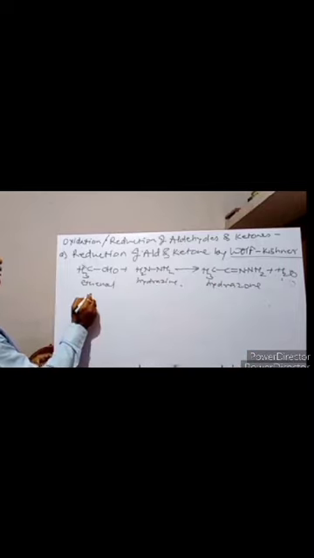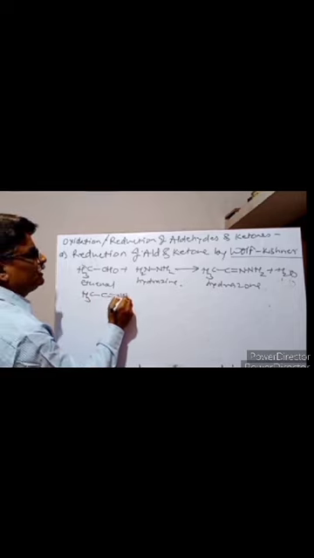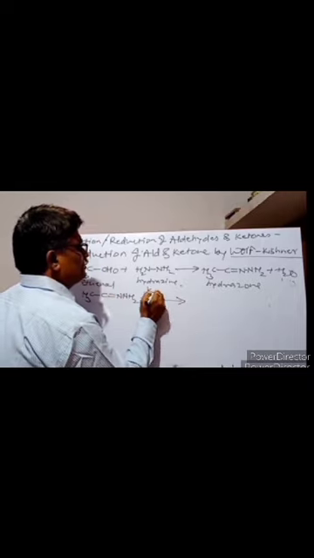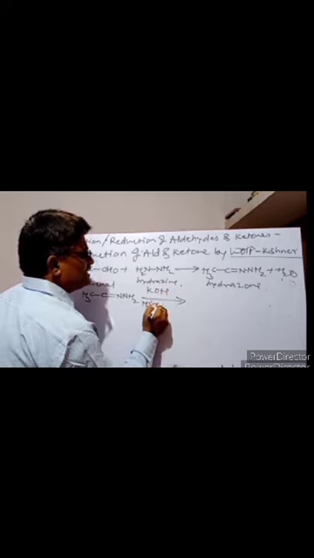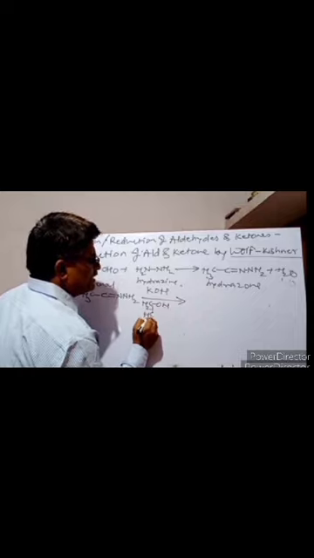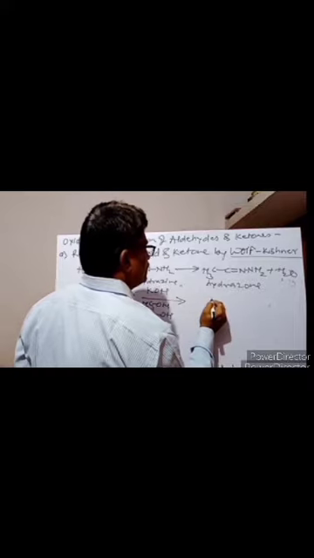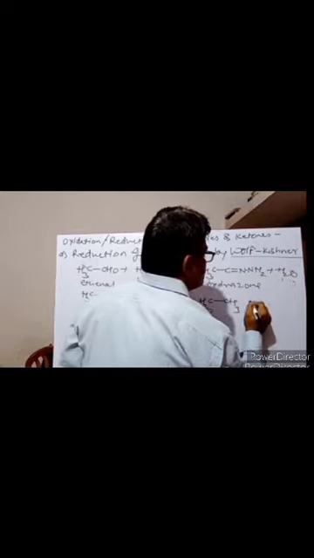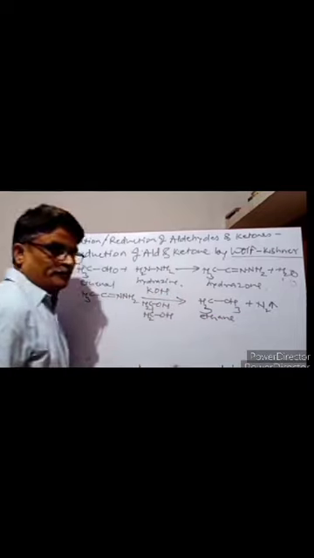And this formed hydrazone, CH3C=NNH2, when heated with potassium hydroxide in a solvent, ethylene glycol, CH2OH CH2OH, results in the formation of CH3CH3 plus nitrogen gas is evolved. This is called ethane.